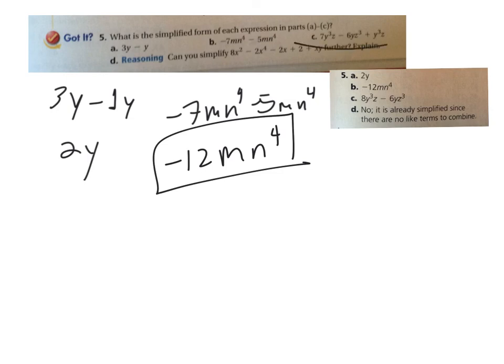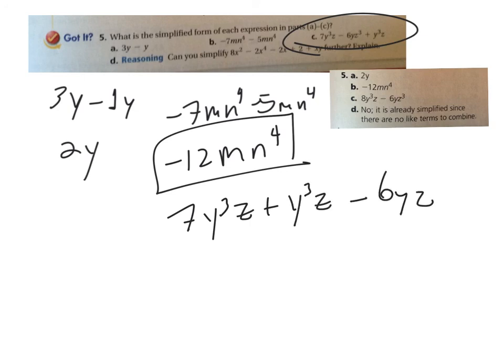And then this last one here, before I even start, go ahead and make sure that they are like terms, right? So I've got y cubed z, y, ooh, look at that, yz cubed, y cubed z. This middle one is not a like term. So if I rewrite that using my commutative property of addition, I'm going to have 7y cubed z plus 1y cubed z minus 6yz cubed.